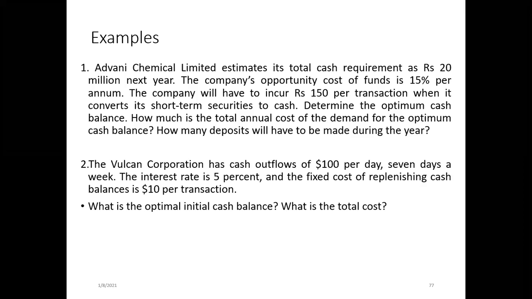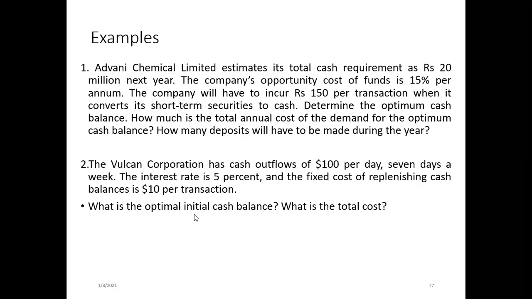To calculate the annual demand for cash, we have to multiply this 100 US dollars by 365 days. The interest rate is 5% and the fixed cost of refreshing the cash balance is 10%. They have given us only one interest rate, therefore we take this 5% as the opportunity cost of holding cash. So nothing new here. And what is the optimum cash balance and what is the total cost?